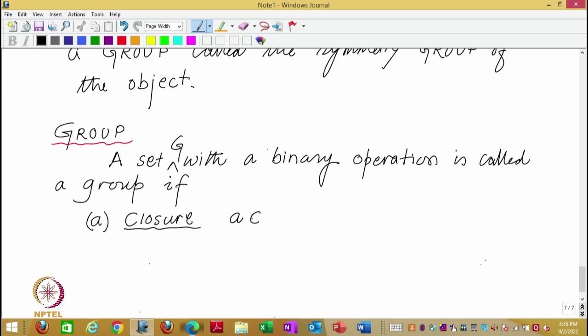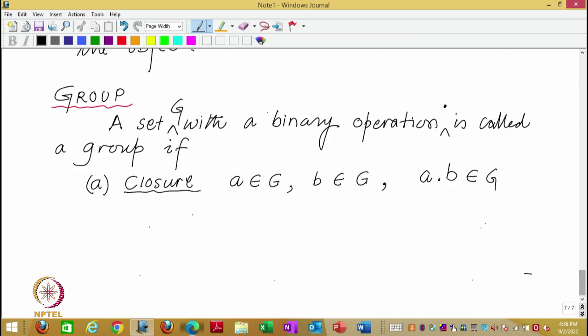That is, if A belongs to the group and B belongs to the group, the combination of A and B by the binary operation, let us say dot, so A dot B, also belongs to the group. It should not go out of the group.